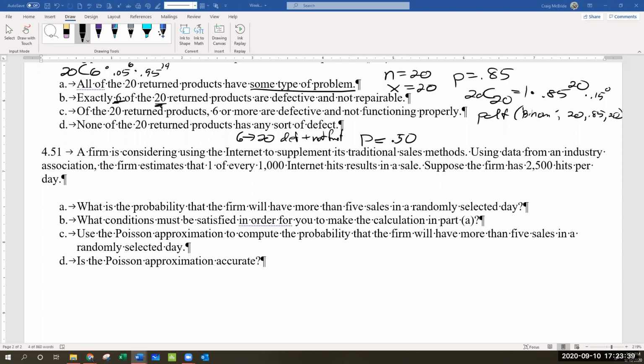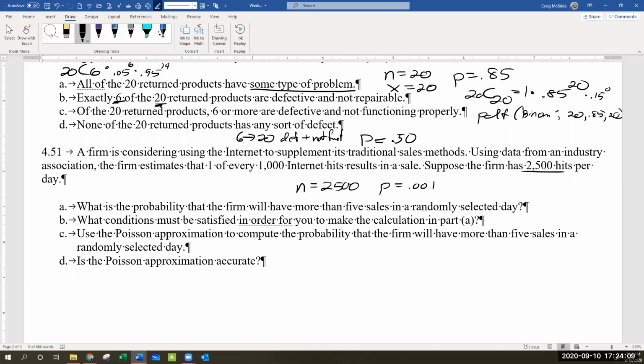So part A asks what's the probability the firm will have more than 5 sales. We have to plug the numbers into the formula. Our sample size N is 2,500 because we have 2,500 hits, and our P, the probability of a success, is 0.001, because that's 1 out of 1,000 as a decimal.